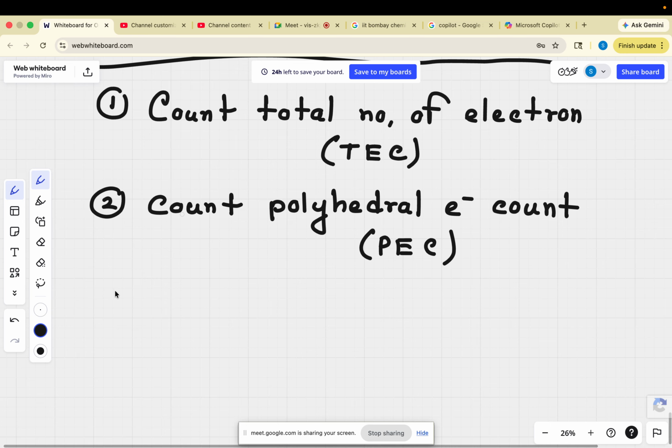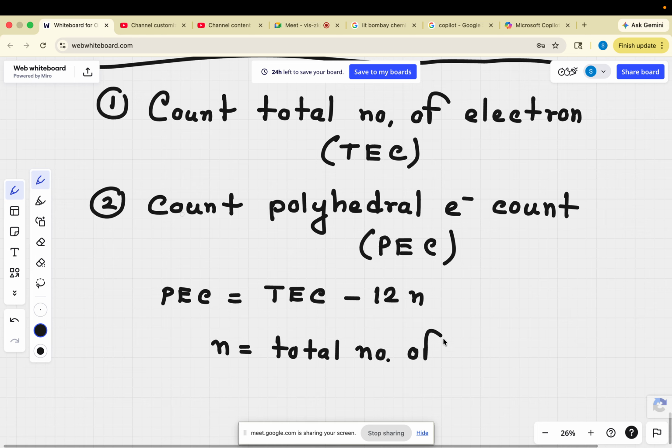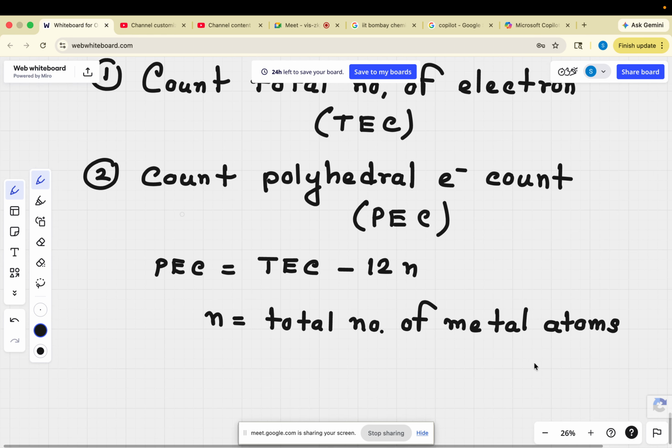So how to count this polyhedral electron count? We have a formula. PEC is equal to TEC minus 12N, where N is equal to your total number of metal atoms.